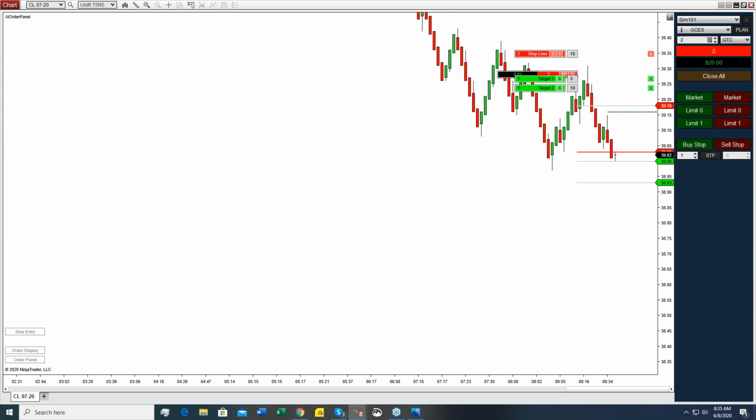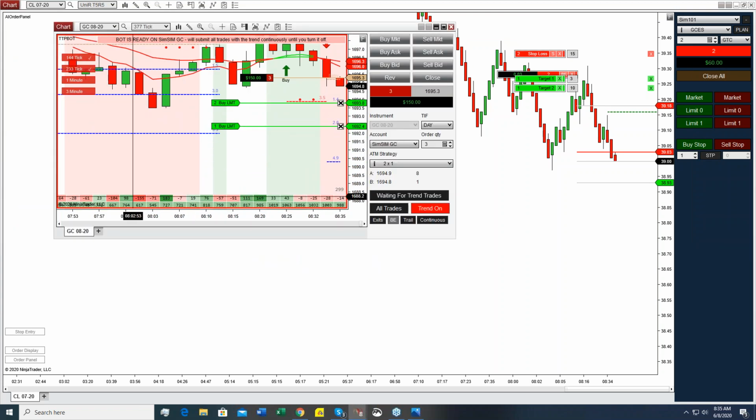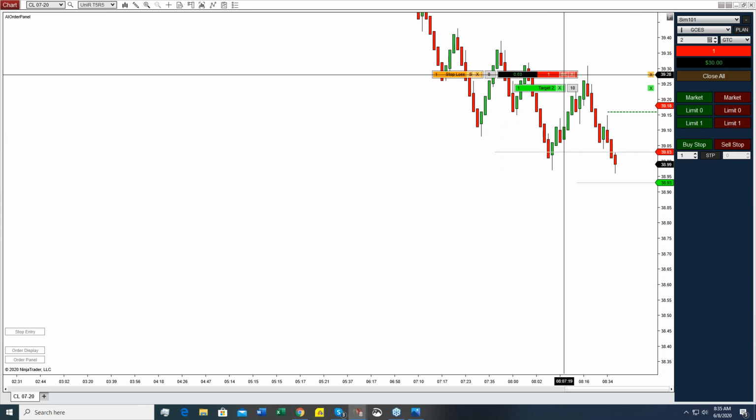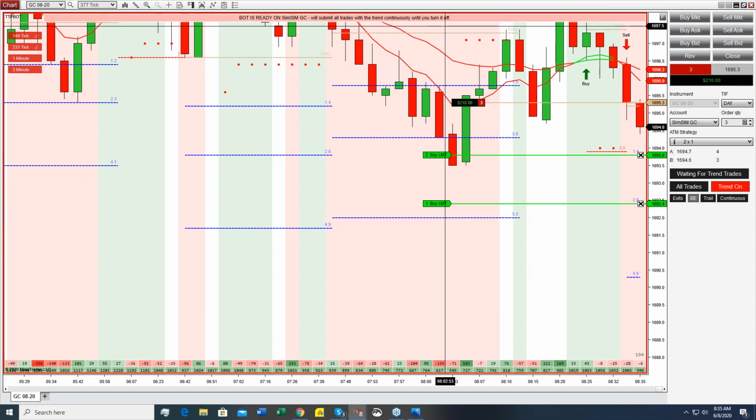Gold is now short on the robot, fellas. Target filled. First target on crude. So I've gone to break even on that. Here's the robot on gold.